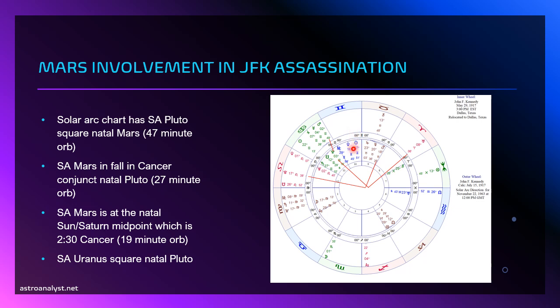But in the secondary progression, the other planets, based on their speed and direction, will not move necessarily a degree a year. For instance, you could see Pluto here at 3 degrees Cancer. It could be in 3 degrees Cancer the entire month and not shift into another degree. So that's what a secondary progression does. In a solar arc progression, like I said, the Sun will move a degree, but also Venus will move a degree, Pluto will move a degree, Saturn, they all rotate.